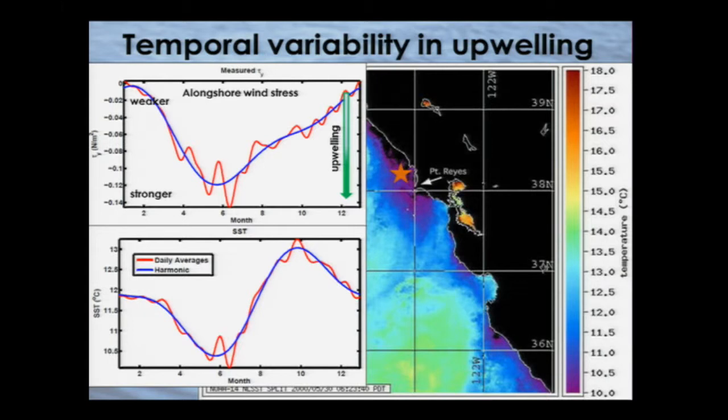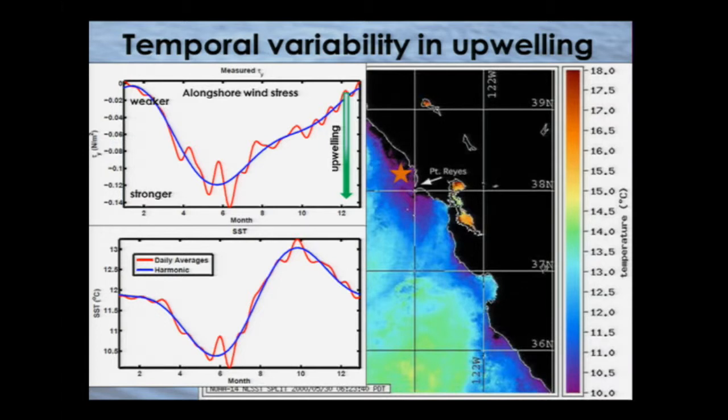There's also temporal variability in upwelling, both throughout the year and within a season. On the top graph is alongshore wind stress. What I'm going to focus on today is the winds that are driving upwelling. The daily average is the red line, and the smooth line is the blue.